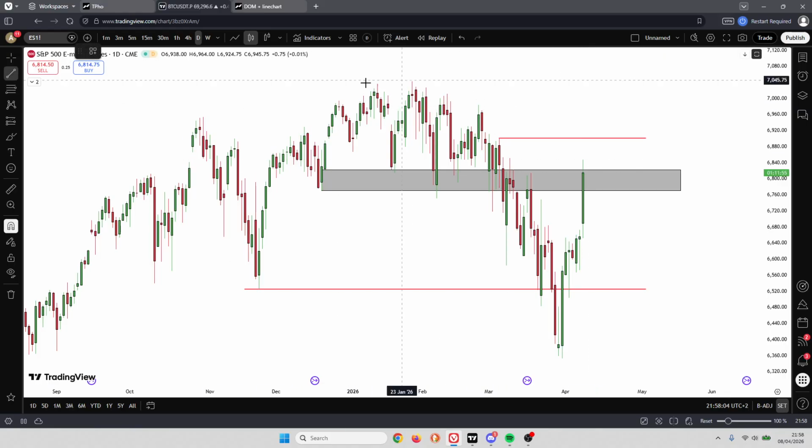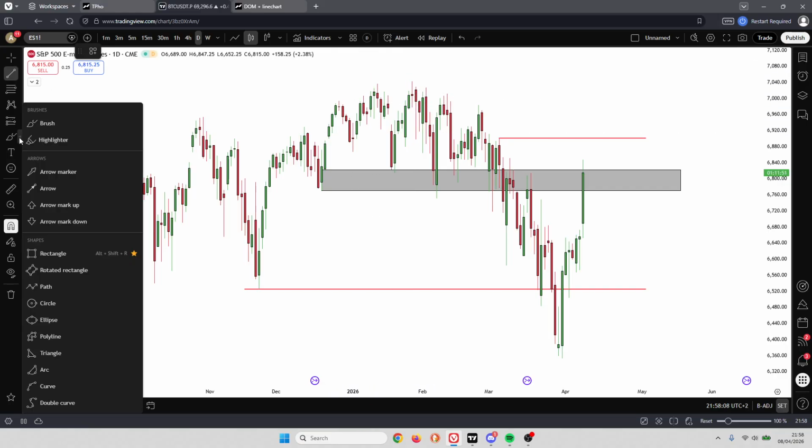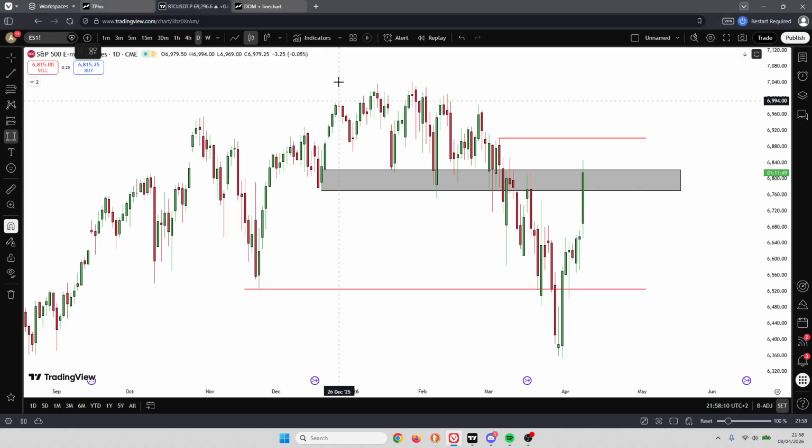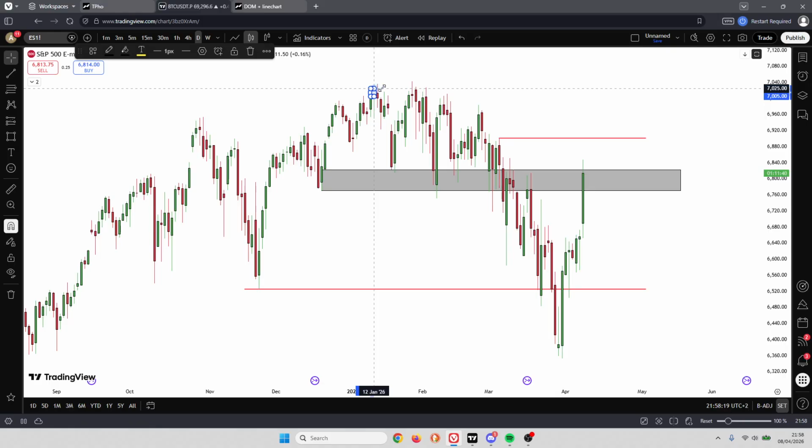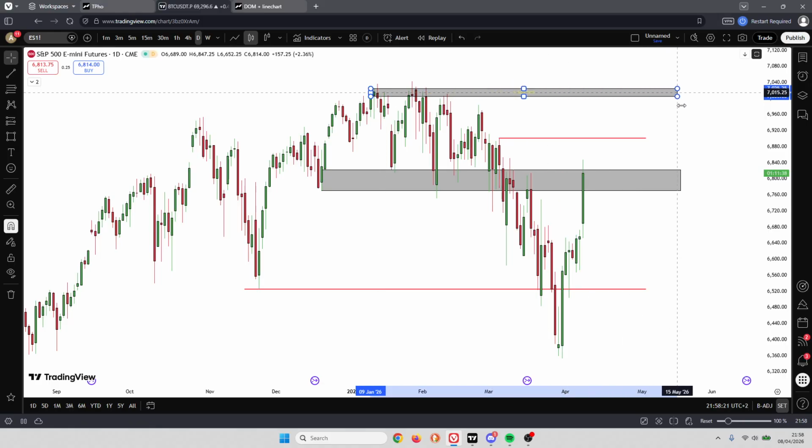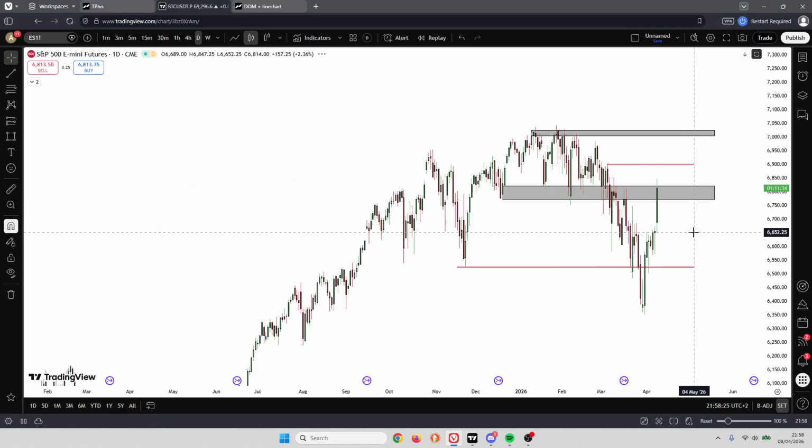Next point, the range itself, right? In this case, we will be using a box because the line is not really clear. We have multiple fake outs at the high. So what do we have? We have this place right there. So these are the current levels you should be watching for ES.